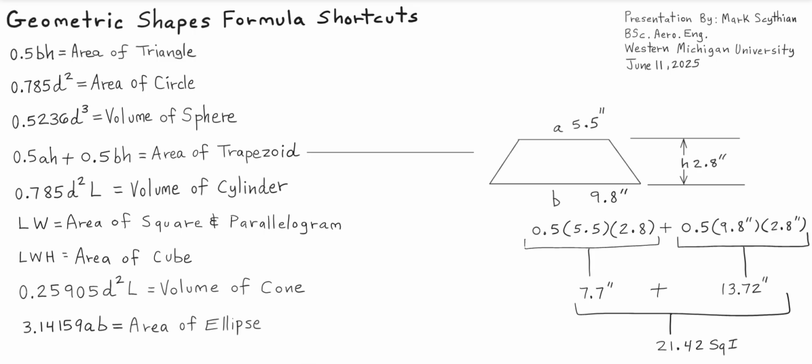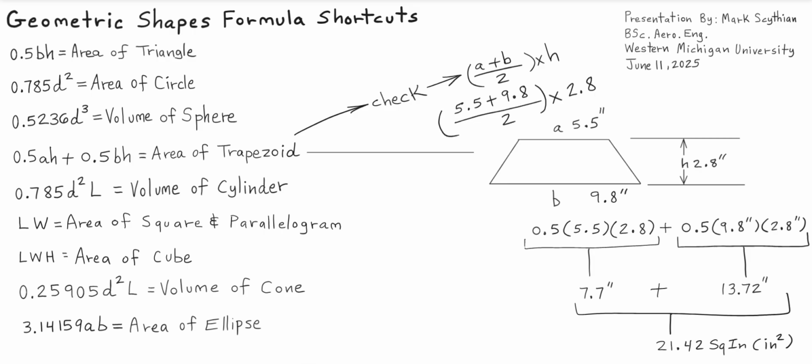So 21.42 square inches in this case is the area of this trapezoid. So we can check using the conventional method. So A plus B divided by 2, that's the average width of the upper and lower members, then times the height. So we calculate the same value as well.